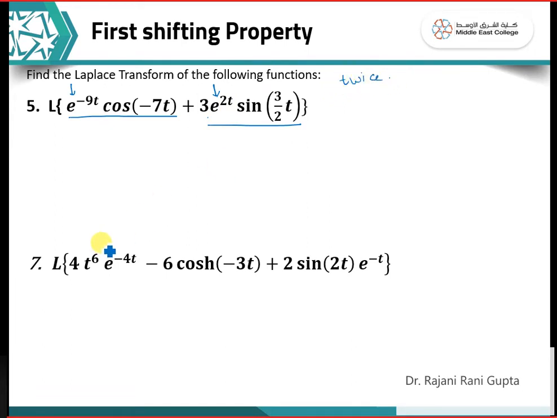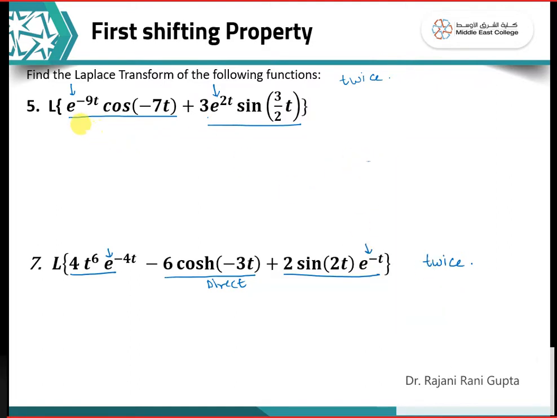Similarly, in the question below, you have a total of 3 terms. In the first term, you have e power minus 4t. The second term is direct. And in the third term, you have e power minus t. So again, you will be using it twice. When you are working on it, work one by one. So let's begin with the first one.